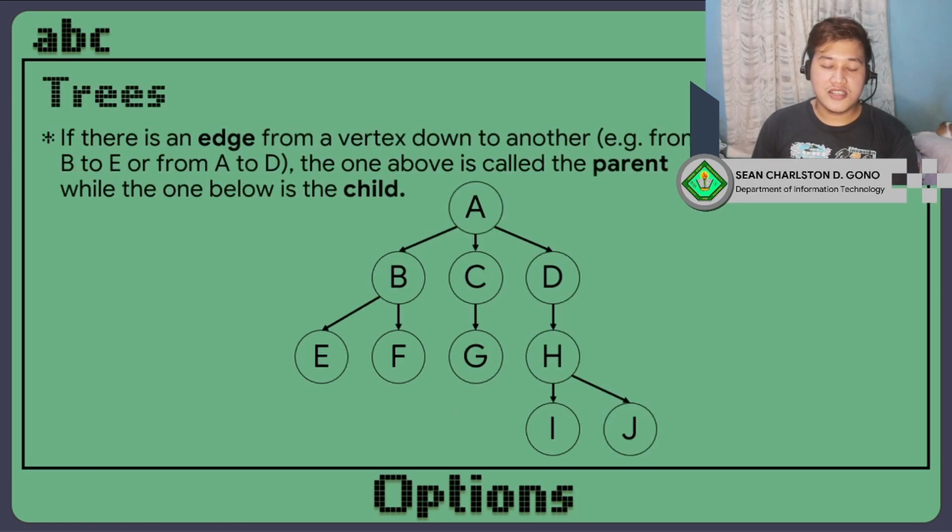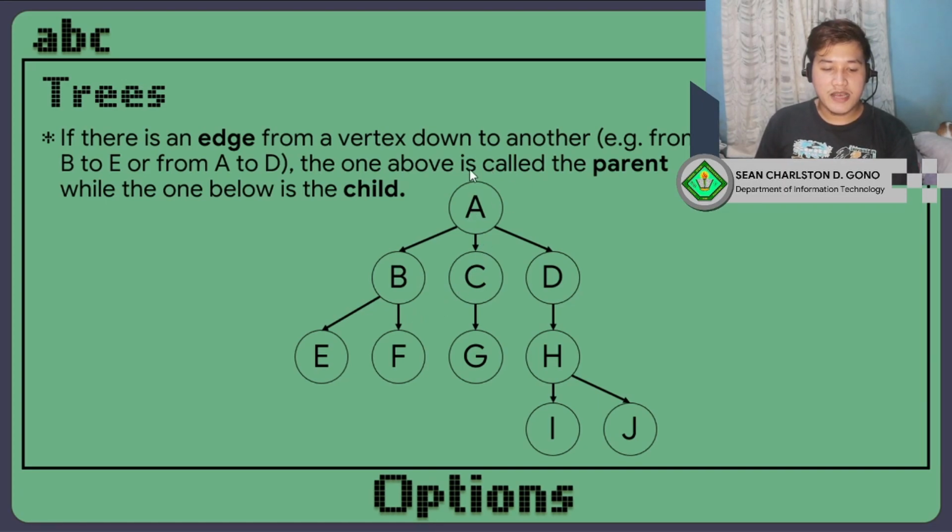Trees also have their own relations. If there's an edge from a vertex down to another, let's say, for example, B to E or A to D, the one above is called the parent and the one below is called the child. So let's say, for example, B is the parent of E, while E is the child of B. Everyone from the top can be a parent and a child as well.